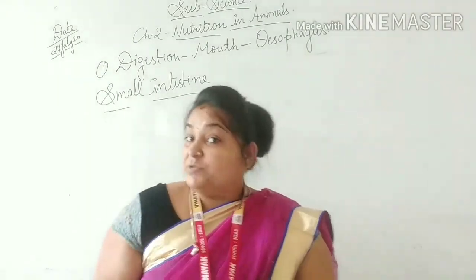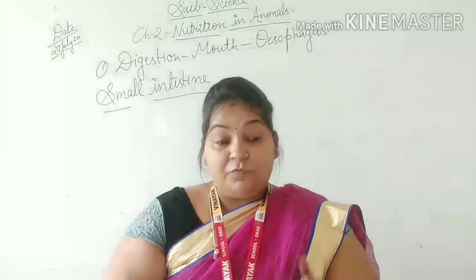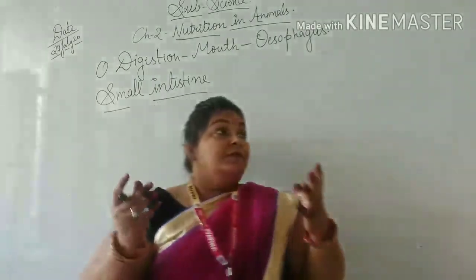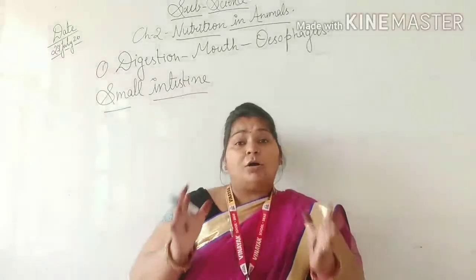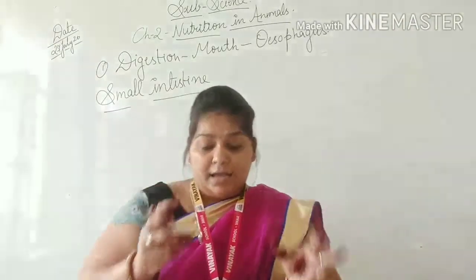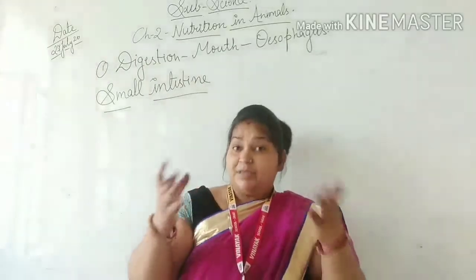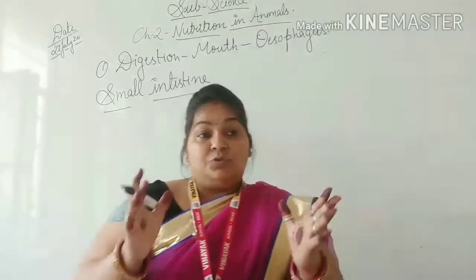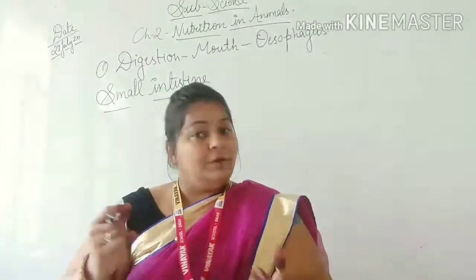Whatever nutrients are present in the food we have eaten are absorbed and passed through our blood system, so that our body gets the nutrients for our daily life processes.